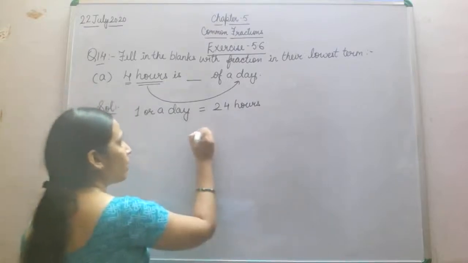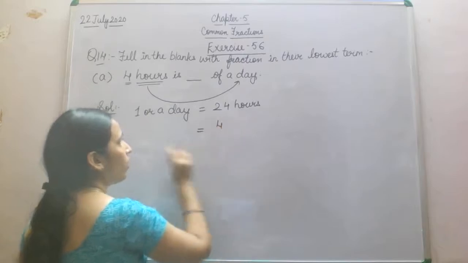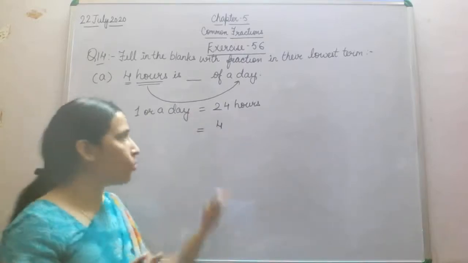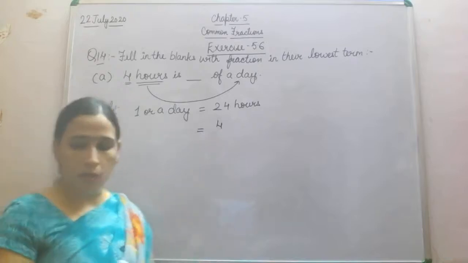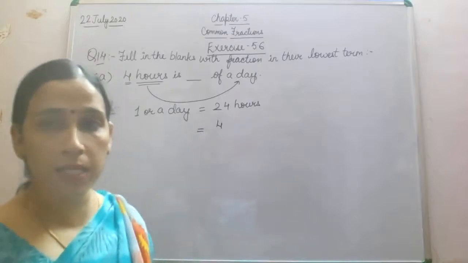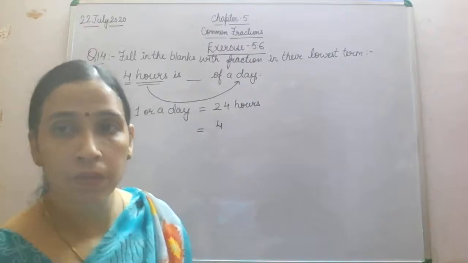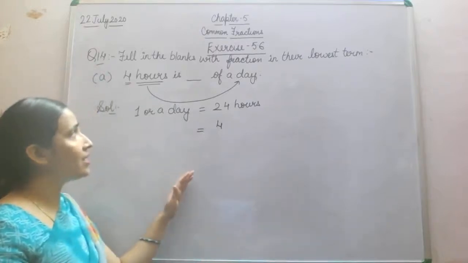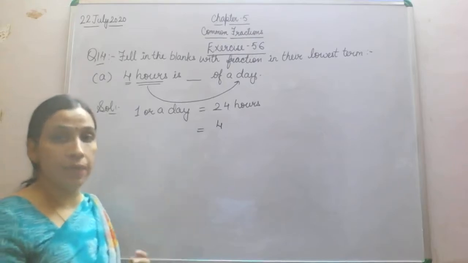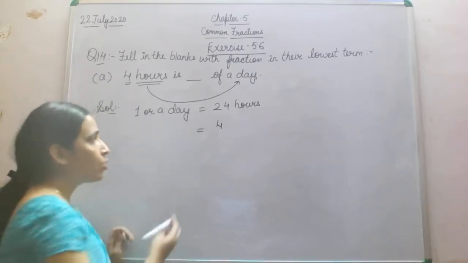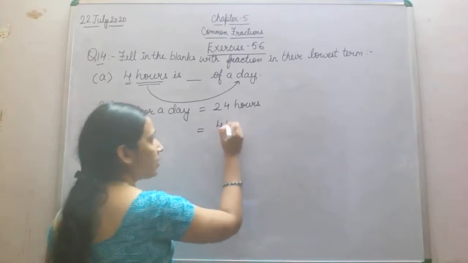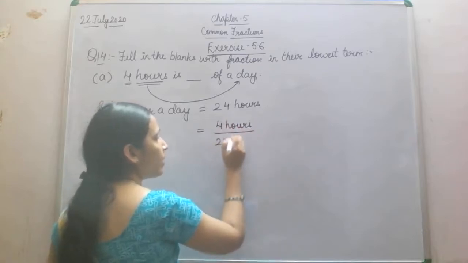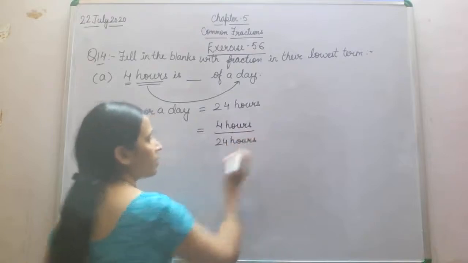So 4 hours is what fraction of a day, which is 24 hours. So 4 hours will be divided by 24 hours.